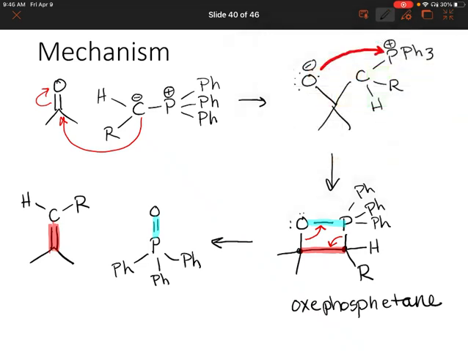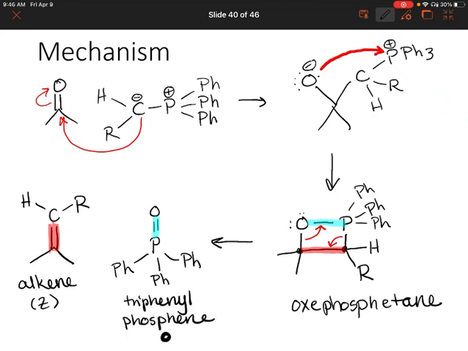So again, we've ended up with our alkene, and it will be in the Z configuration due to that very specific interchange of electrons. And then our other product is called triphenylphosphine oxide. So a very long name.